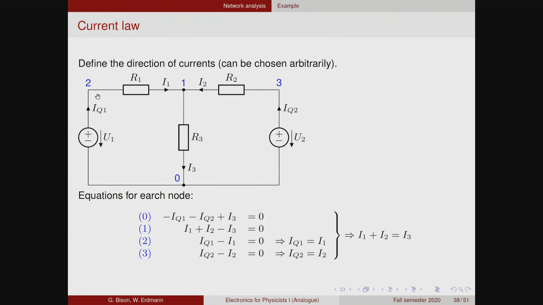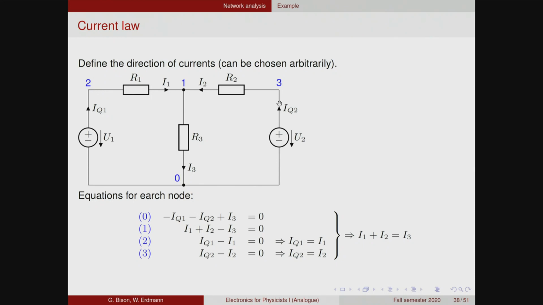And then we have two trivial nodes. This current here, IQ1, goes into node 2, and there is no other connection, so it has to come out here. The resistor does not change the current, so it's the same as current 1. Written as the current law for this node, it means that the incoming current minus the outgoing current has to be 0. And of course, that's equivalent to saying that this current is the same as that current. Same is true here.